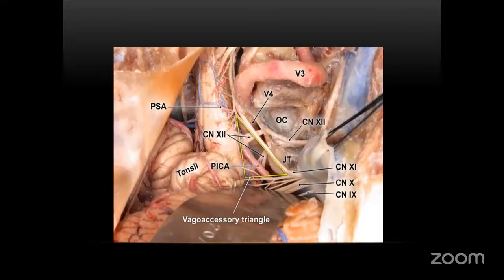Look at this picture. It's the same one. This is the triangle which I told previously.